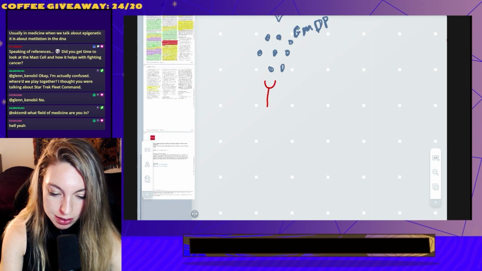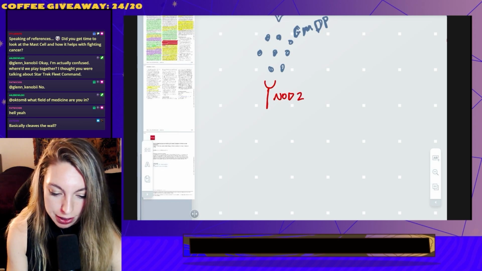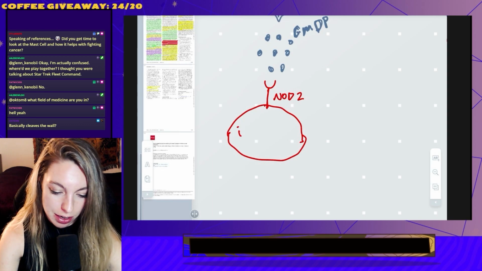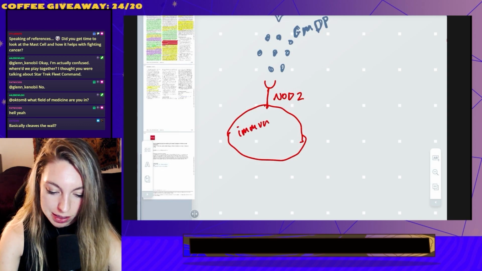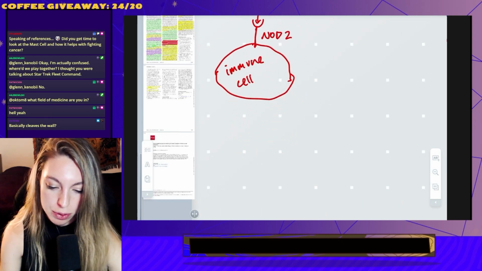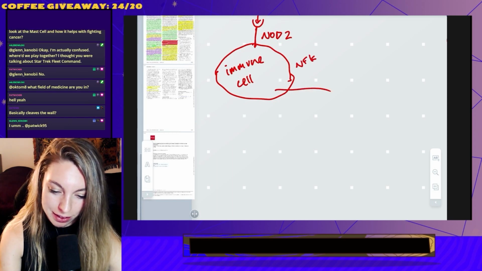So here, this is the NOD2 receptor on immune cells. These are not T cells. They could be monocytes. This is just an immune cell. So then it activates it, and this results in NF-kappa B activation.